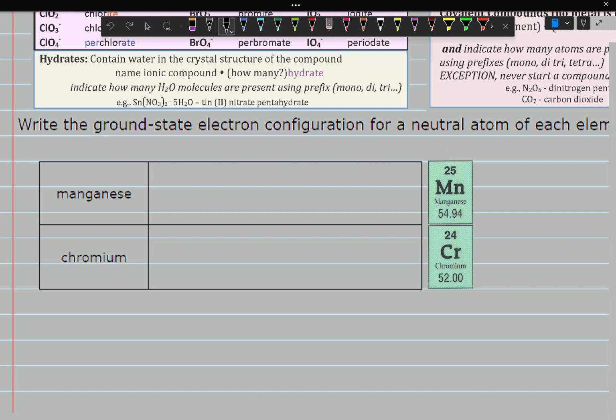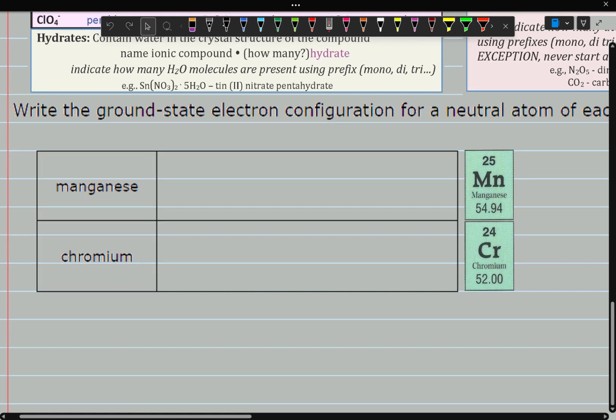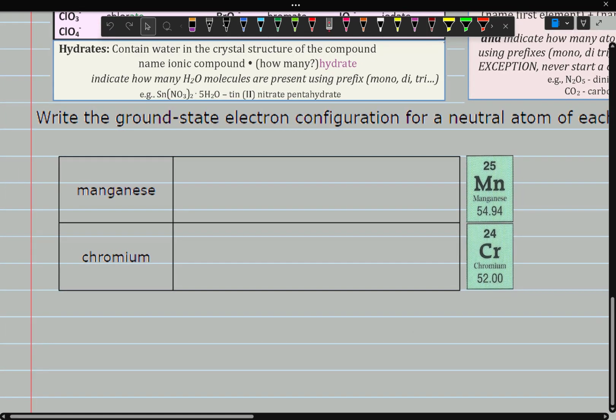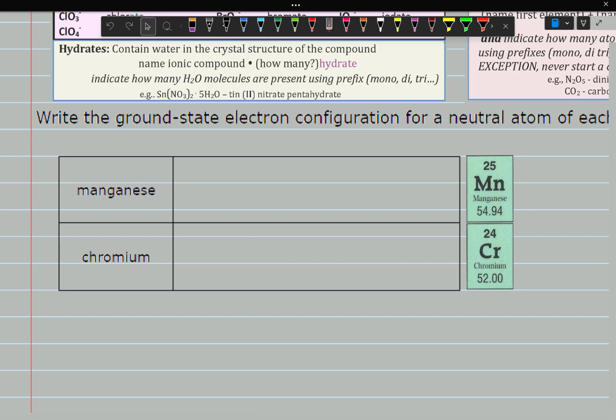However, this particular ALEKS problem demonstrates an exception to what we might usually want to write as our ground state electron configuration, which is very important to know, and it will very likely come up on your exam.